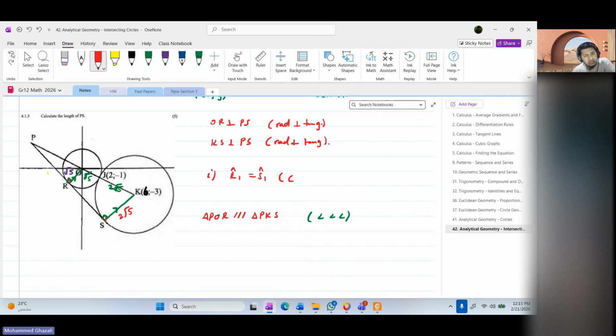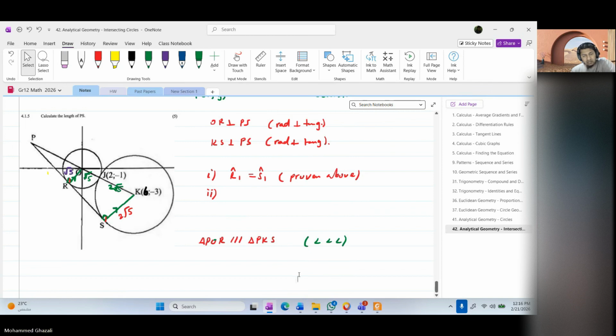Proven above. The second part is just in case you want to know how I got the similarity part. Second, we have angle K1 is equal to angle O1. Call it angle O1 there.